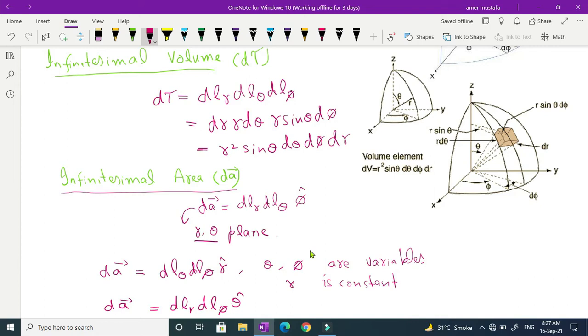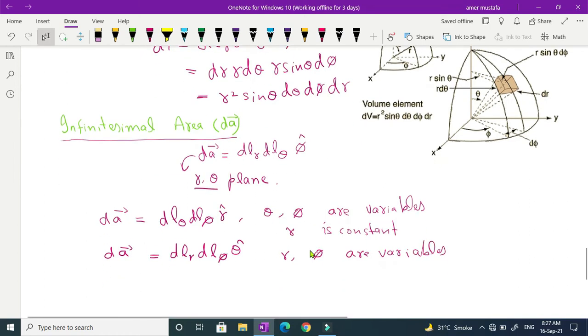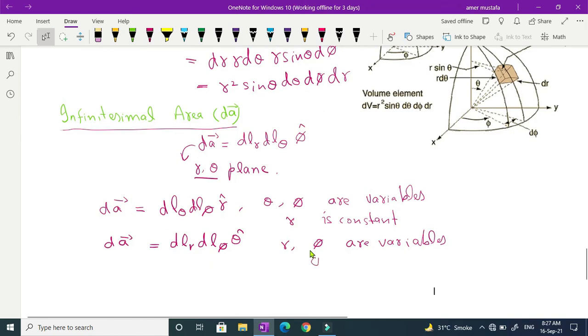In that case r and phi are the variables, and theta is constant. I will take the example of area on the surface of a sphere, infinitesimal area on the surface of a sphere.